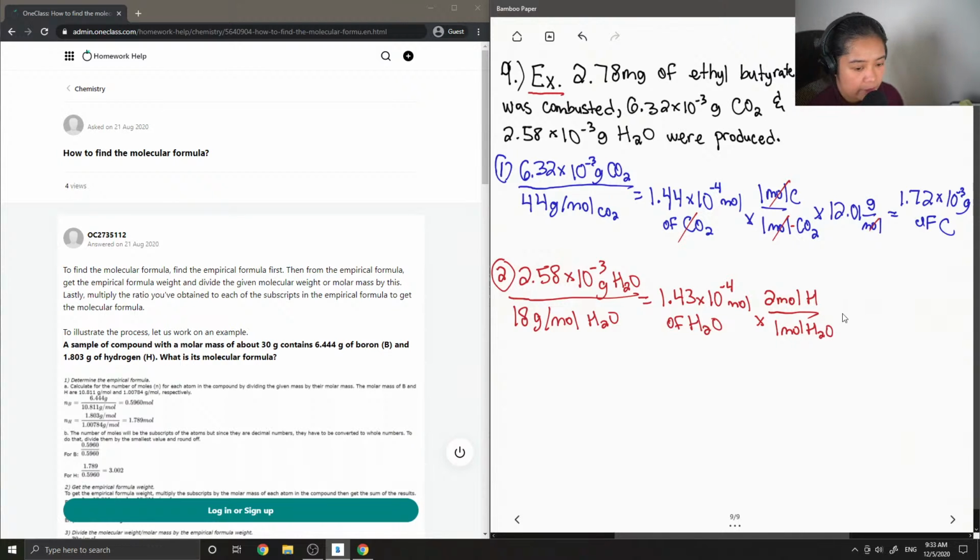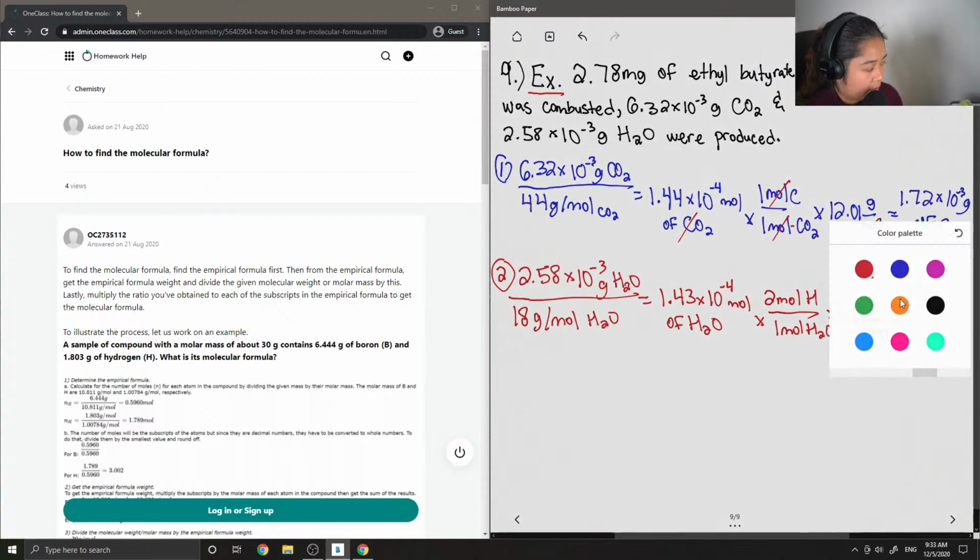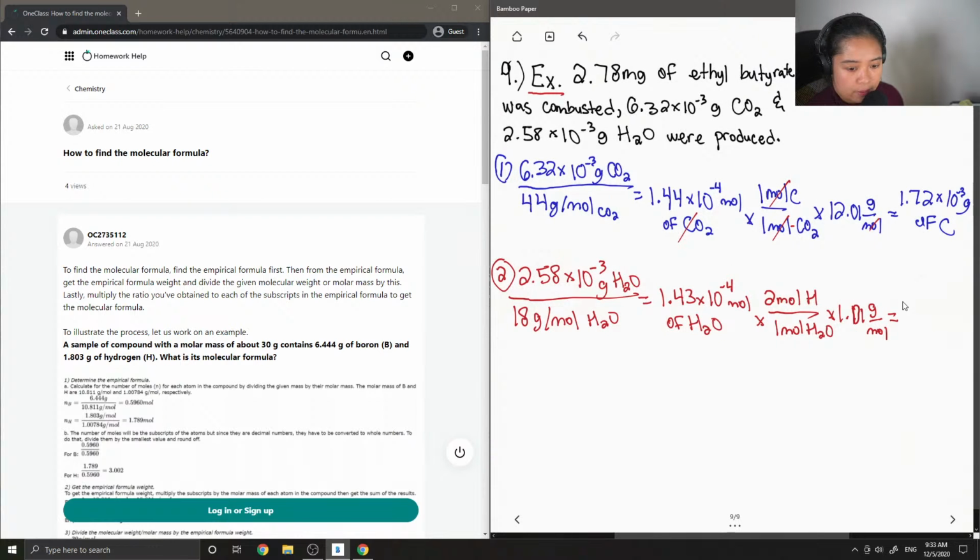And then we are going to multiply by the atomic mass of hydrogen, which is 1.01 grams per mole, which gives us a final mass of hydrogen that is equal to 2.90 times 10 to the negative 4 grams.